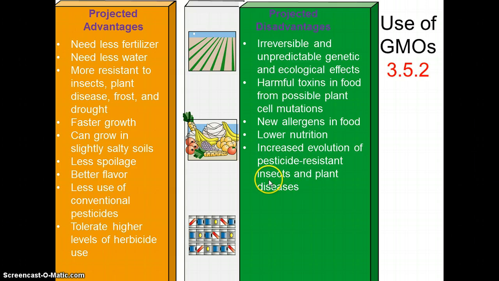So the insects and diseases might go through natural selection faster because we're giving them this environment that might cause them to change quicker over time to resist the pesticides and insecticides and other things we would normally put on them. We're creating things that aren't even able to be killed by herbicide because of this sometimes. And what if they escape into nature and we can't even stop them with anything because they're resistant?